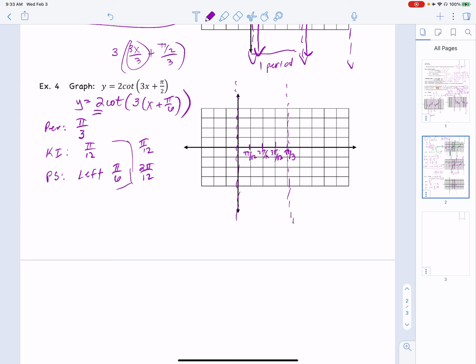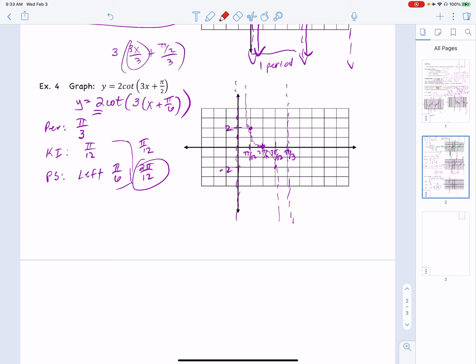And then halfway in between would be your 0, 0. And to the left a key increment, remember there's a stretch here, so we would be at positive 2 because there's no reflection. And to the right a key increment, we'd be at negative 2. And this would be before my phase shift. But now the phase shift is 2 of these key increments to the left.